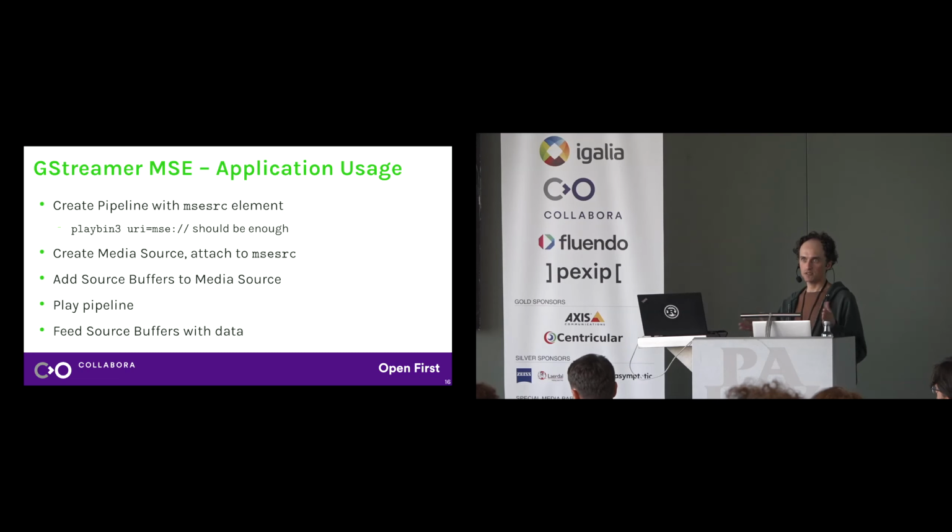There's APIs in the library to do all this. Then as needed, you add source buffers to the media source. You play the pipeline, and then you feed the data into the source buffers. That's basically all the interaction. There's a fair amount of events that happen, but this is the basic functionality.